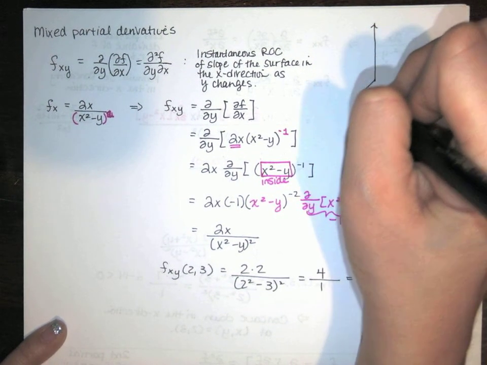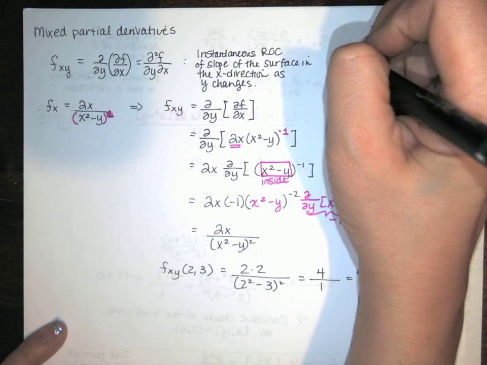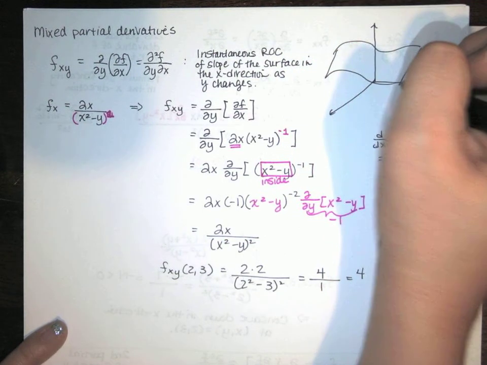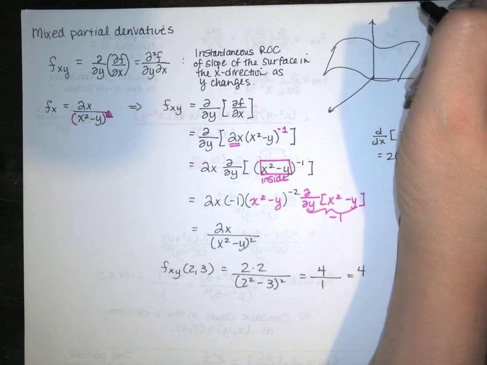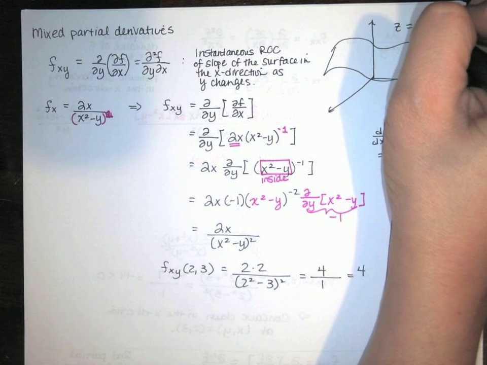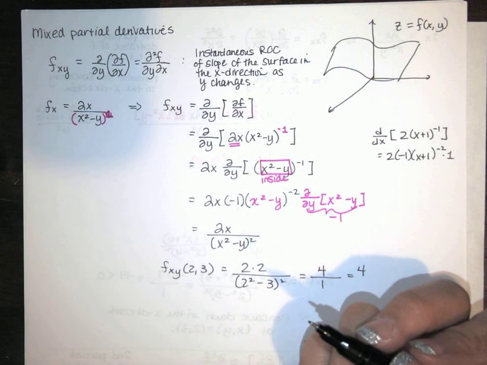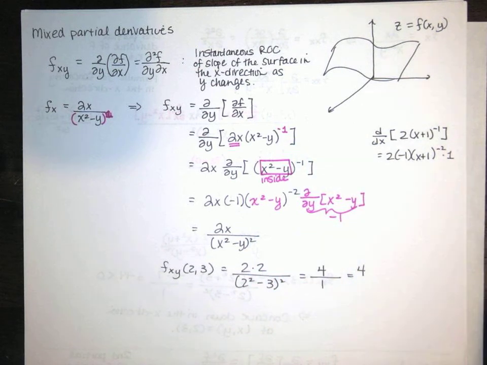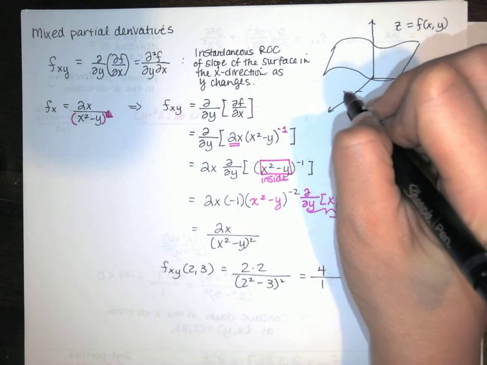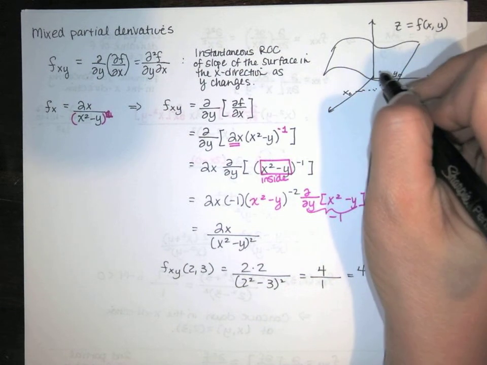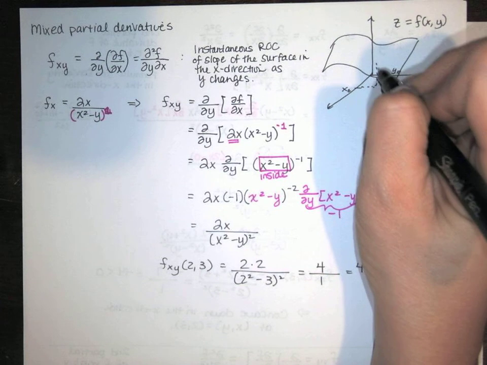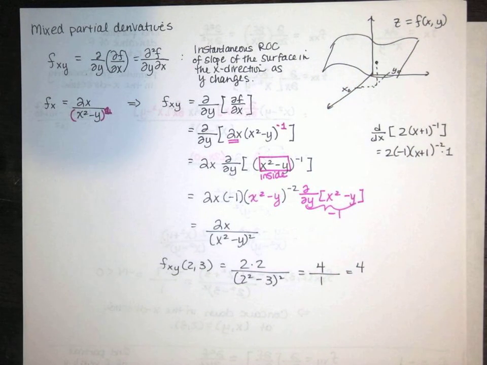So I've got some surface over here, and that's not what natural log of x minus, or x squared minus y looks like, but I've got my cartoon surface that helps us understand these ideas. If I want slope in the x direction, at x naught, y naught, so I go to x naught, y naught, and then I find the corresponding point on the surface. So maybe that's our point at x naught, y naught.